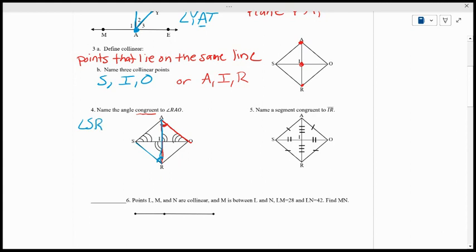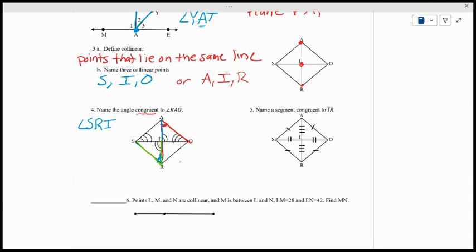You can pick the I or the A. It doesn't really matter. I'll pick the I. So angle S, R, and then up to I. That one is the other angle that has 1 arc mark. That is how you show congruence in angles with these arc marks.